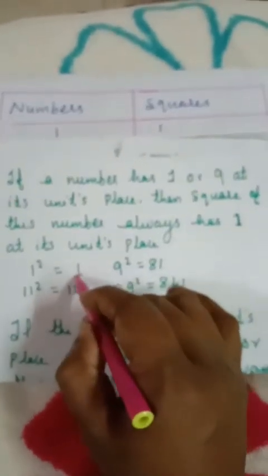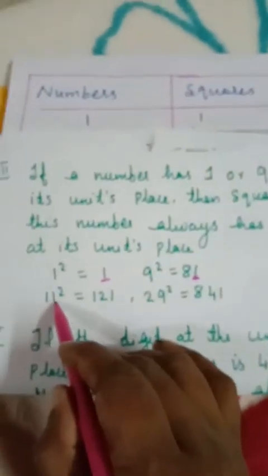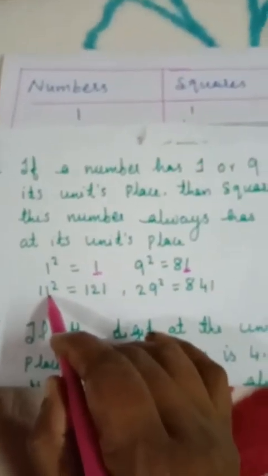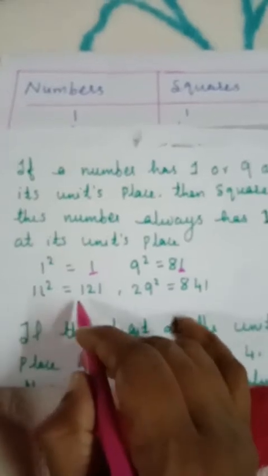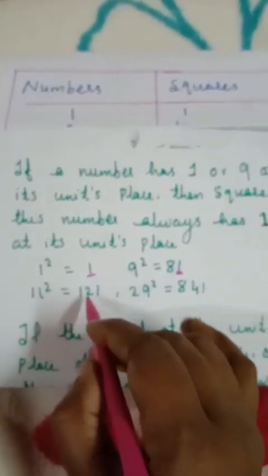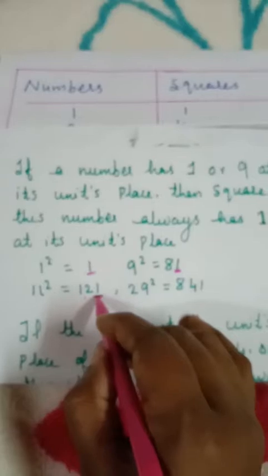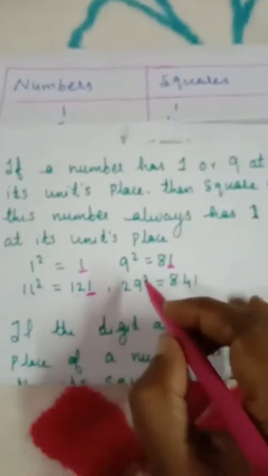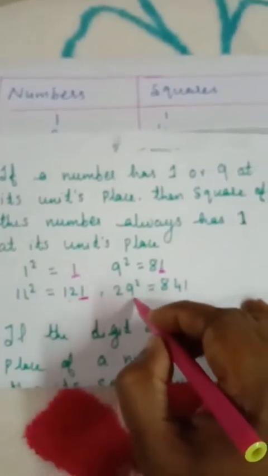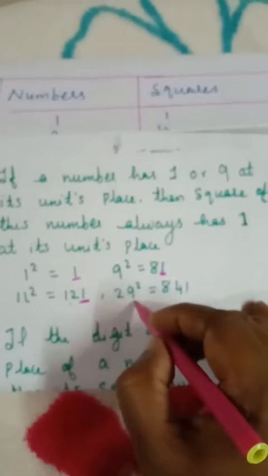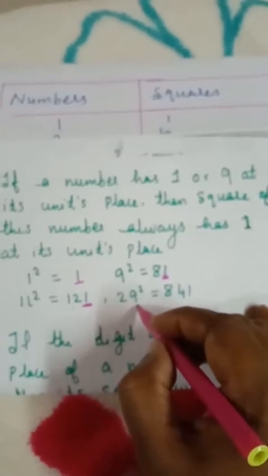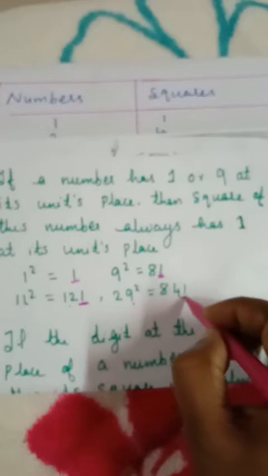Its units place is 1. In the same way, 11 square is 121, which also ends with 1. And 29 has 9 at its ones place; its square also ends with 1.